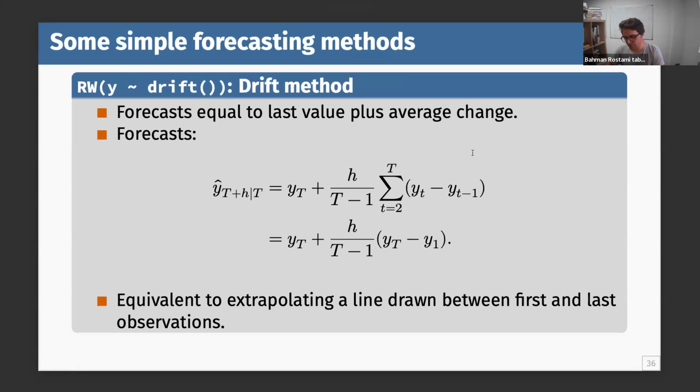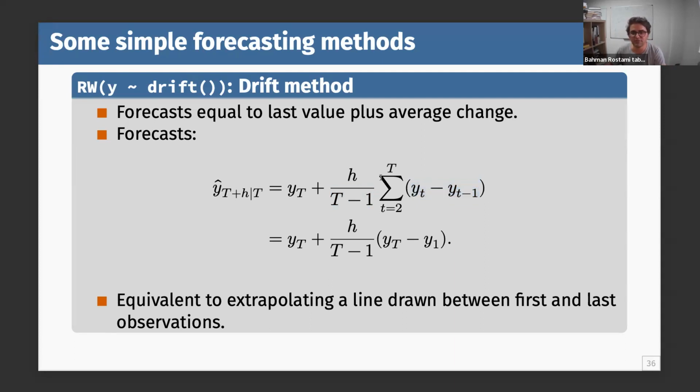And then we can also have drift. Drift basically takes the last observation, that's what we have in Y_T, and then adds the average change. We calculate the changes, and we have T-1 observations because we cannot do that calculation of changes for the first period. So we get T-1.